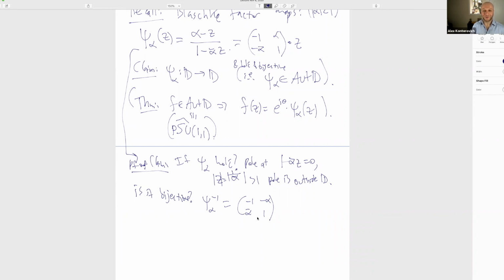That's the inverse map. But remember, this map is only defined up to scalar, it's really PGL2 that acts on fractional linear transformations. So I can multiply through by any constant, for instance the constant -1.